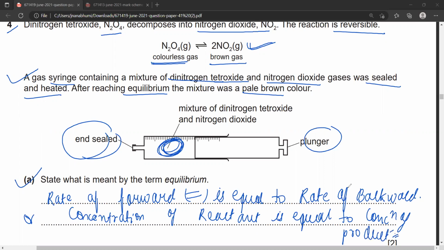Then this condition is called equilibrium condition. It is of 2 marks. Please write this one.